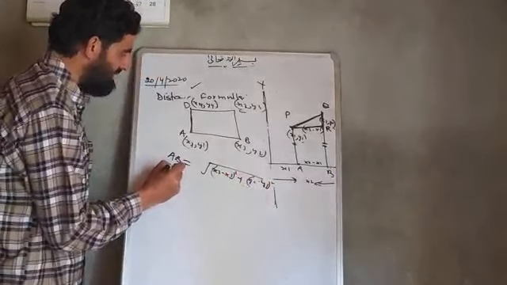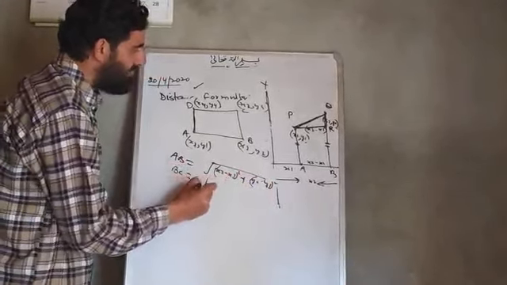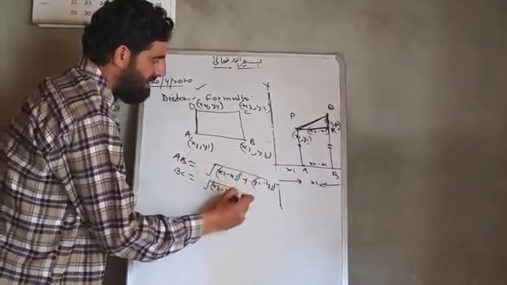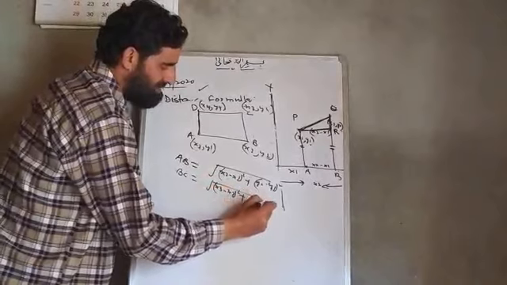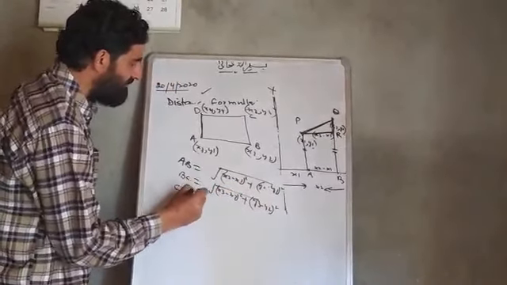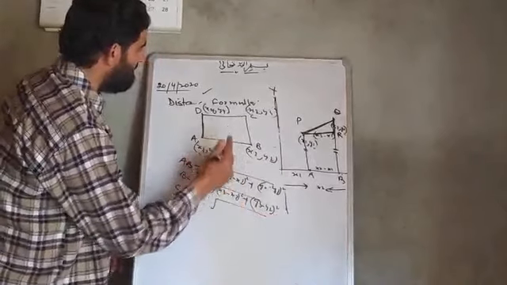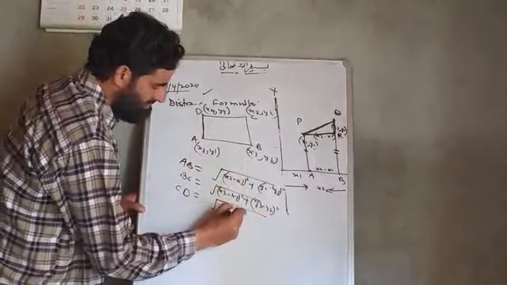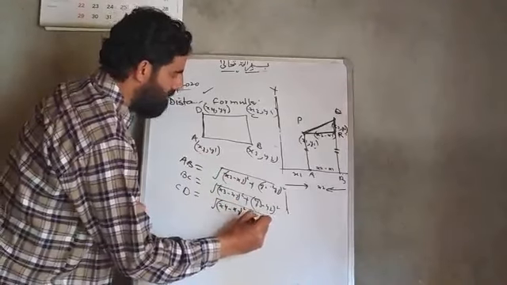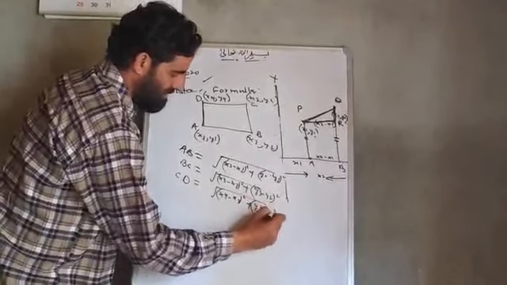Similarly, BC is equivalent to under root of (x3 minus x2) whole square plus (y3 minus y2) whole square. Similarly, CD is equivalent to under root of (x4 minus x3) whole square plus (y4 minus y3) whole square.